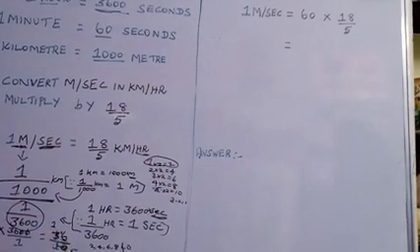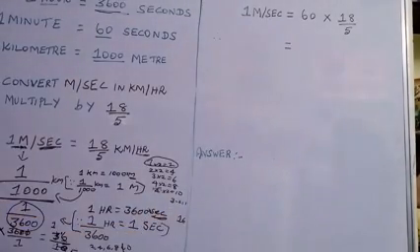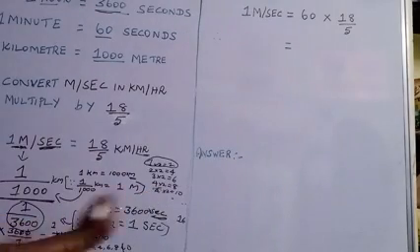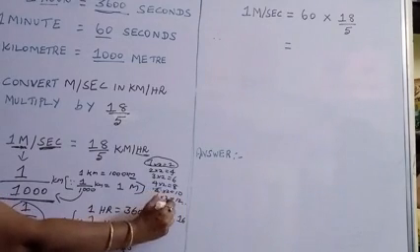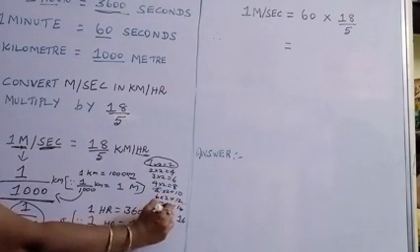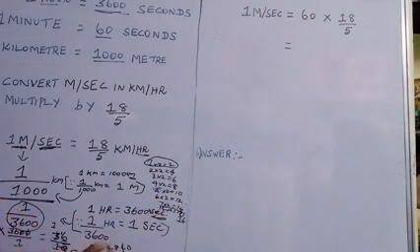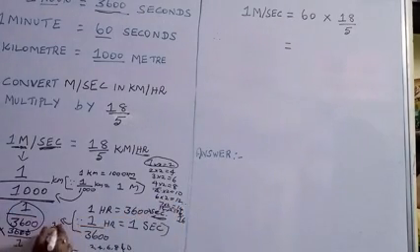Now you get 16. So how many times 2 in 16? 6 2s are 12, 7 2s are 14, 8 2s are 16. So 8 times.